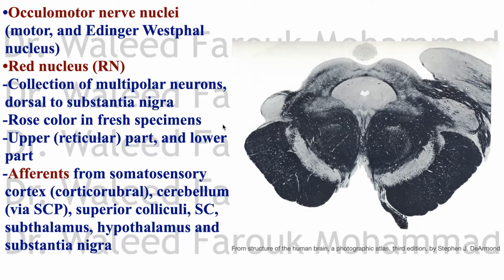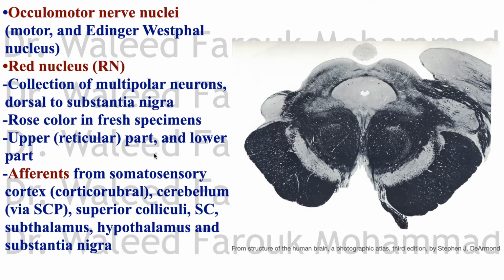That's why it's called the red nucleus. It has an upper reticular part and a lower compact part. The upper reticular part goes through the subthalamus to be part of the subthalamic nuclei. The upper part of the red nucleus is part of the basal ganglia.